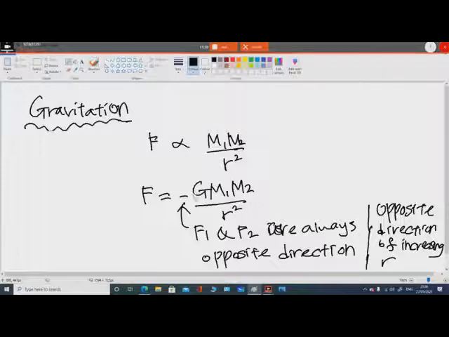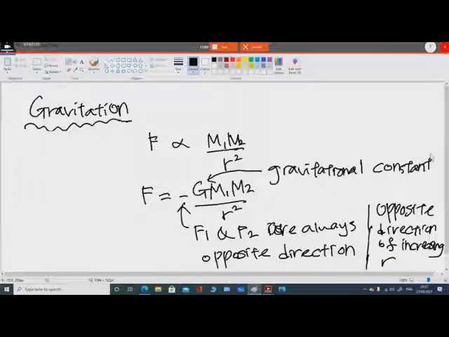This negative sign is actually not necessary to be involved in the calculation. This G is the gravitational constant. So this is how we define the formula for the gravitational force. Okay, let's move to the next part.